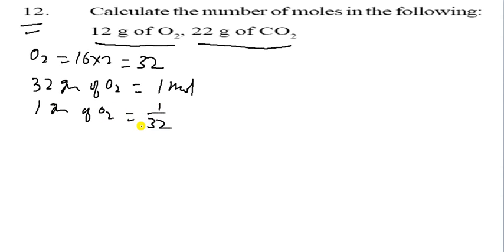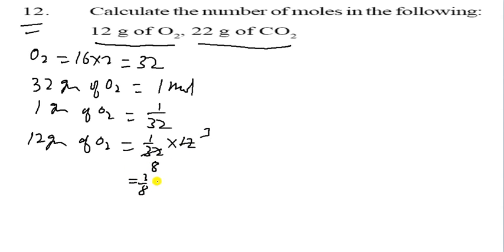So 1 gram of O2 will be equal to 1 upon 32, and 12 gram of O2 will be equal to 1 upon 32 into 12. It will be 0.375 mole. So that is your answer.